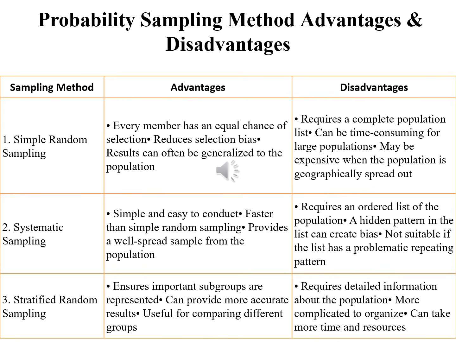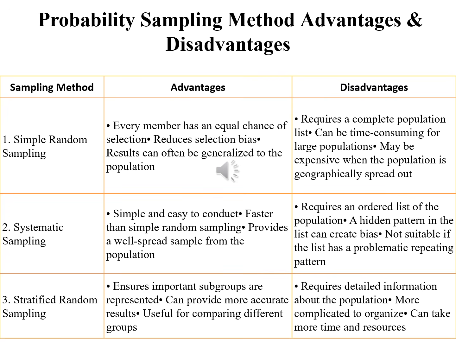Now let's see the advantages and disadvantages of the probability sampling methods. Simple random sampling: what are its advantages? Everyone has an equal chance of being selected. Less bias, as random selection reduces personal choices, and the results can often be applied to the larger population, so it is generalizable.